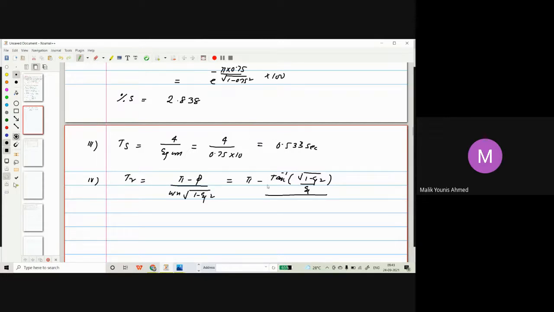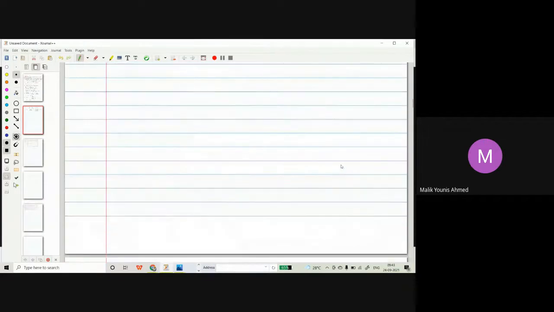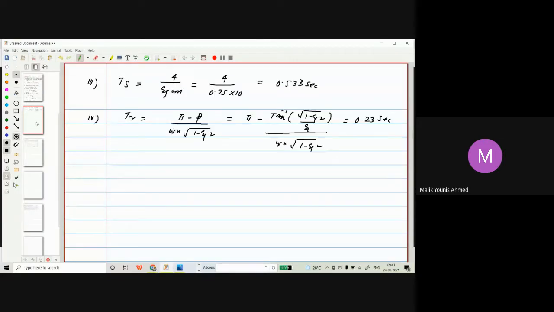You can substitute the values and you will get 0.23 seconds. This is a very simple numerical, not a difficult one.